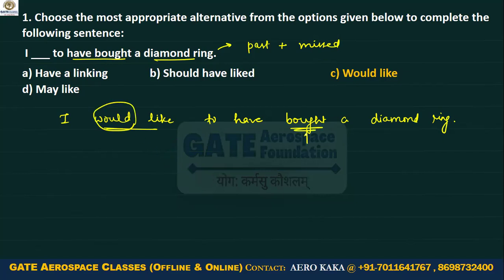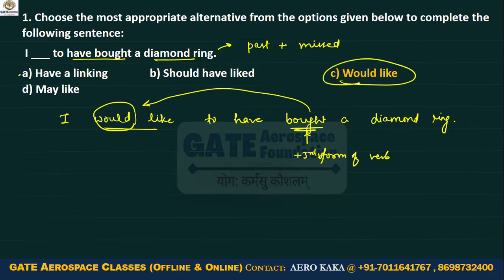Also, if you talk about the verb, it is the third form of the verb over here. With the third form, we always use would, not may or have. You cannot use have because have is already there. Should again will not come because we are talking about the past. May is about unsureness, but since we are talking about the past and it is already done, may will not be used. So we have used would. Would will be the correct answer.